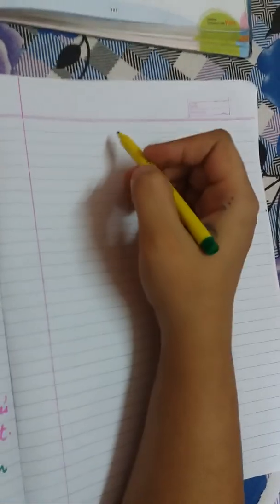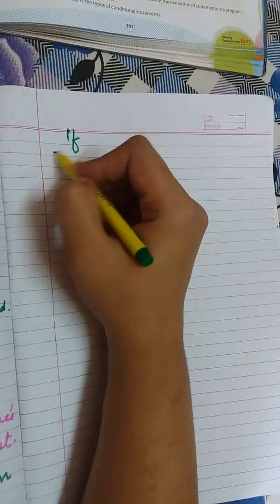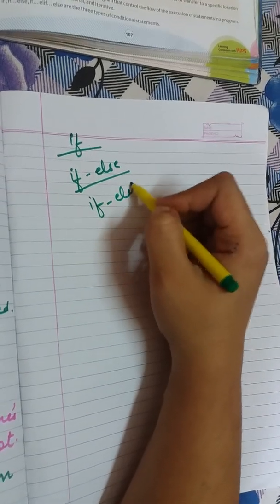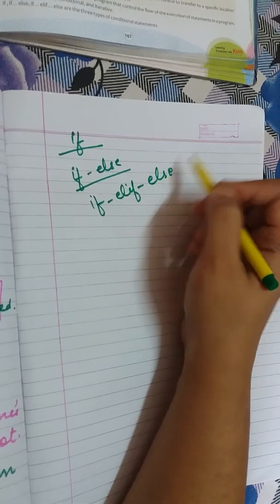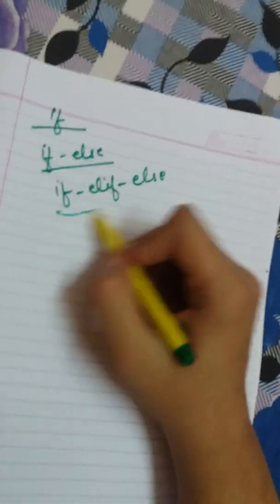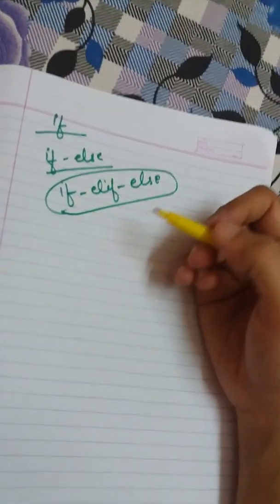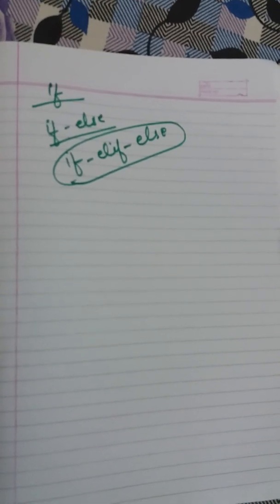Now let me teach you, there are three types of conditional statements, that is if, else, and else if. First I am telling you the logic of this if else. Beta, if means, like whenever a teacher is taking your viva, that time what happens is, suppose I ask you what is your name, you reply XYZ anything, then instead of giving any result on your answer, I am putting another question.